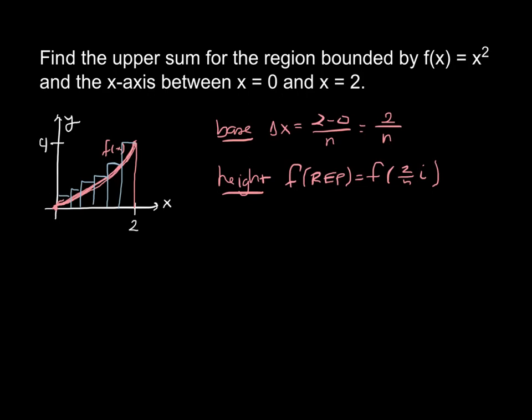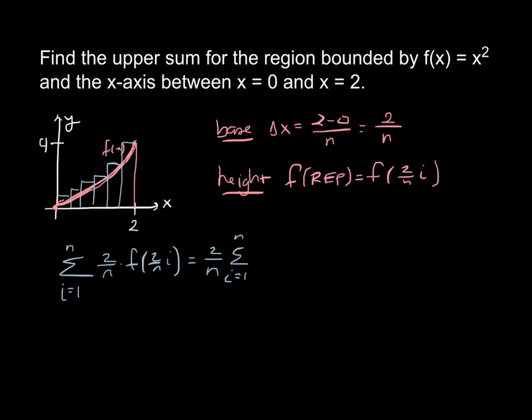Okay, here we go. So the upper sum is the sum of the areas of n rectangles. We always start with the first rectangle, we end at the nth rectangle, and the area is the base times the height. So now we use our properties. We can take out that 2 over n.